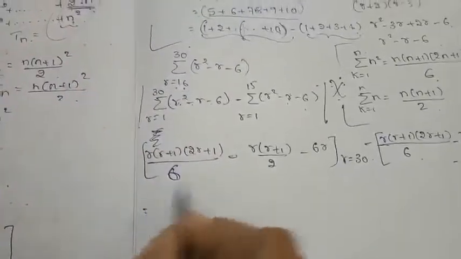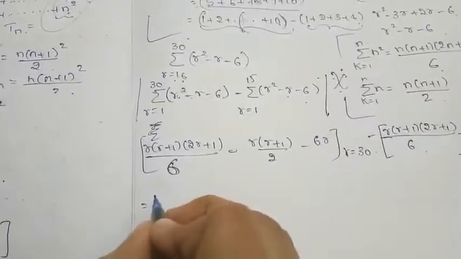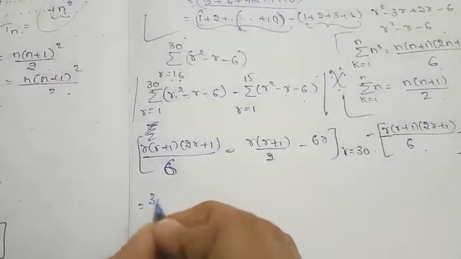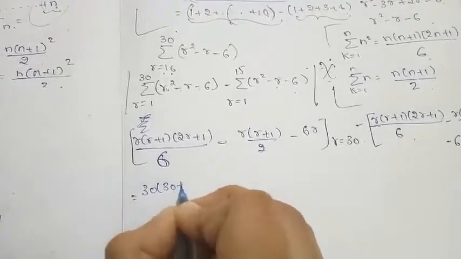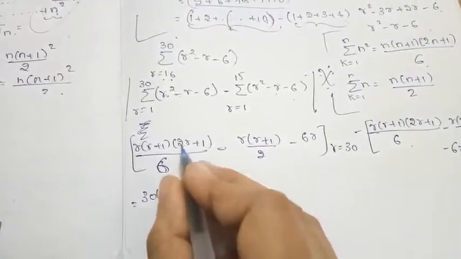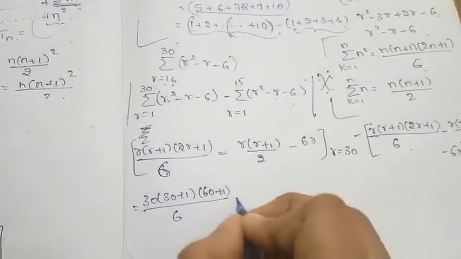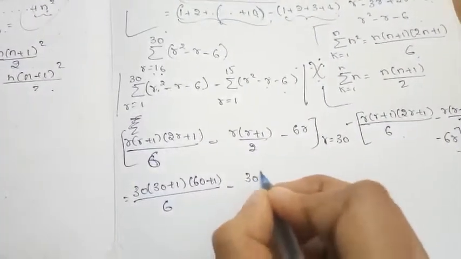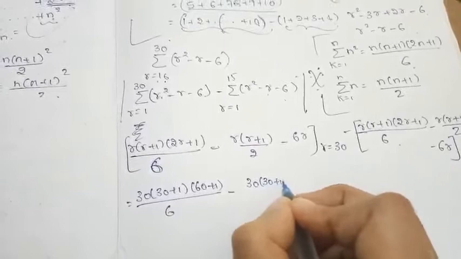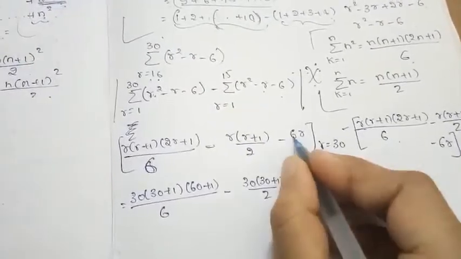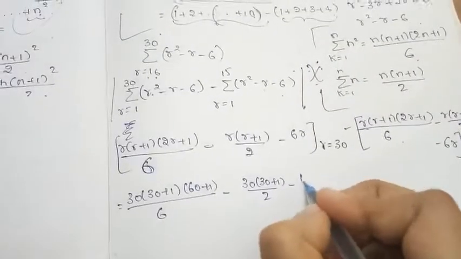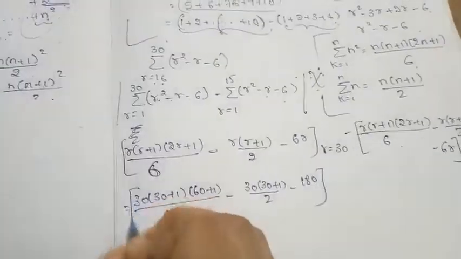Now substitute the value of r in this equation. That becomes 30 into 30 plus 1, 30 into 2 is 60, 60 plus 1, divided by 6, minus 30 into 30 plus 1 divided by 2, minus 30 into 6, which is 180.